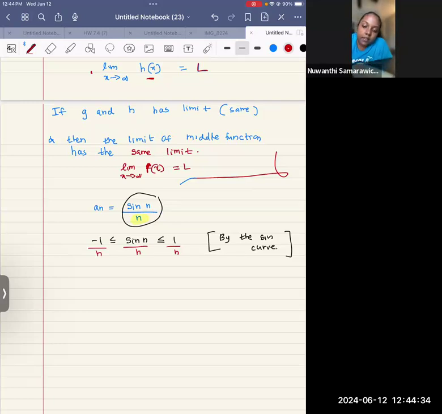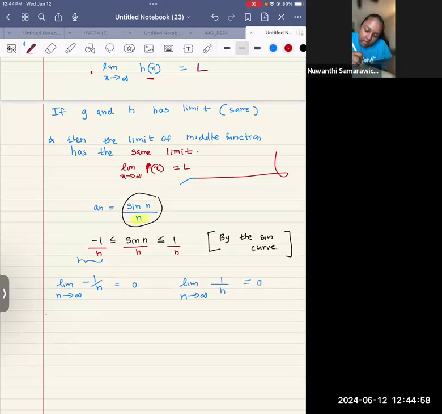Now we check the limit of this function. The limit as n approaches infinity goes to 0, and also the limit as n approaches infinity of 1 over n is 0.